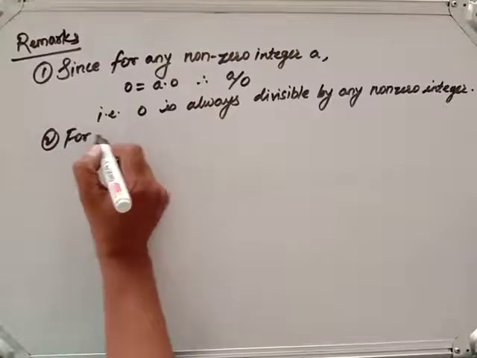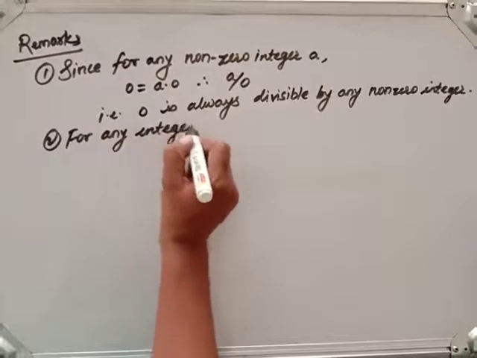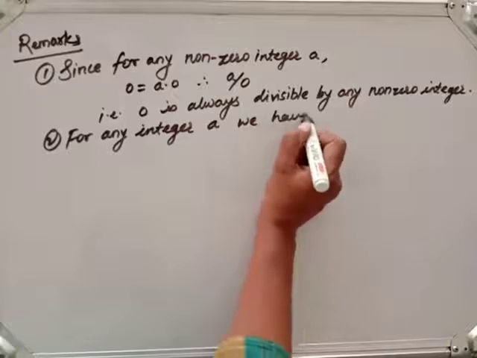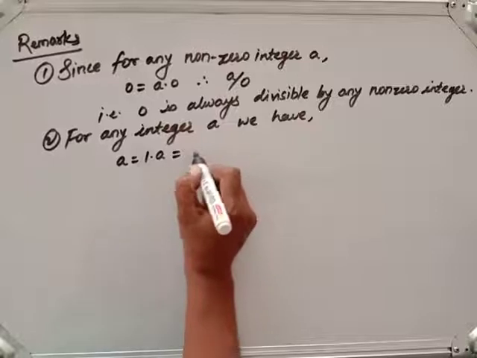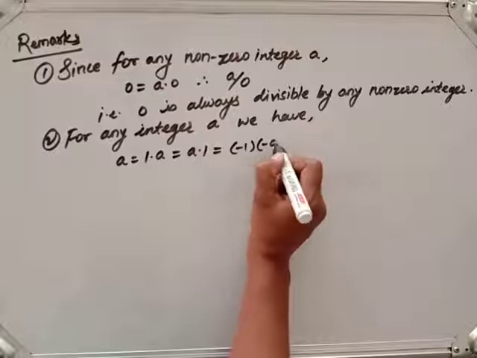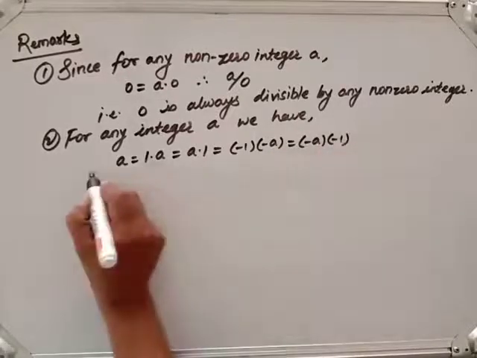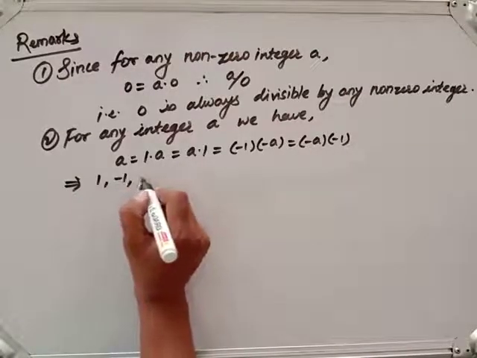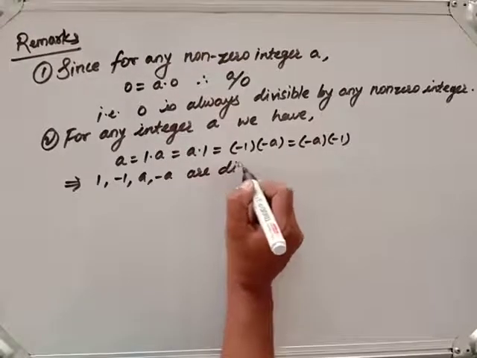For any integer a, we have a equal to 1 into a, equal to minus 1 into minus a, equal to minus a into minus 1. So this shows that 1, minus 1, a, minus a are divisors of a.